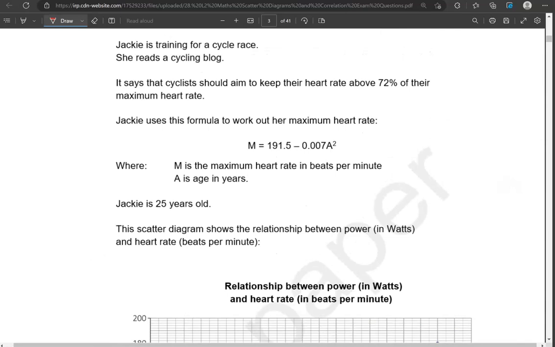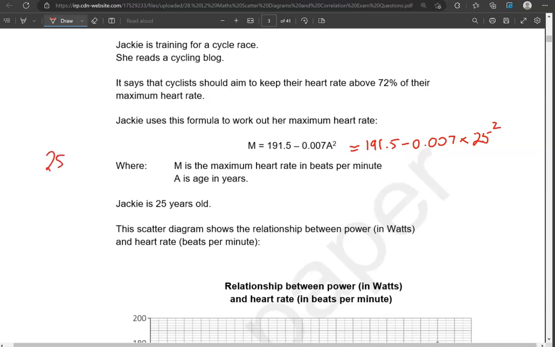So we'll first work out Jackie's maximum heart rate. So the maximum heart rate is equal to 191.5 minus 0.007 times age in years squared. What is 25 squared?